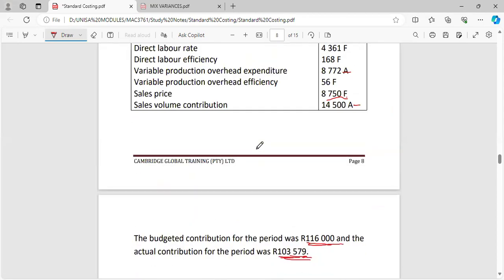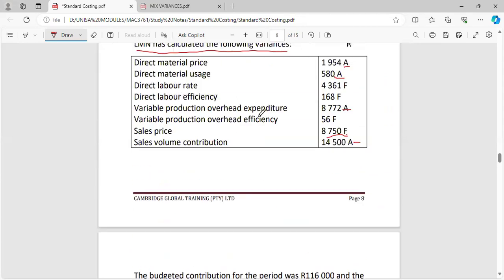Right, then let's look at the variable production overhead expenditure. It's adverse, which is unfavorable.